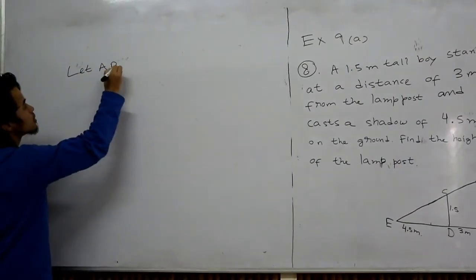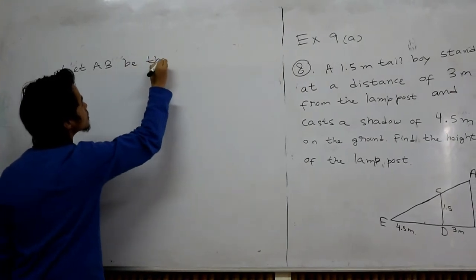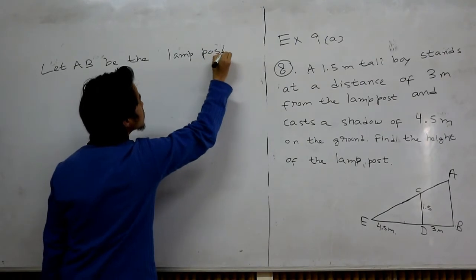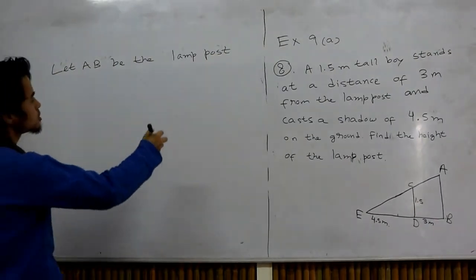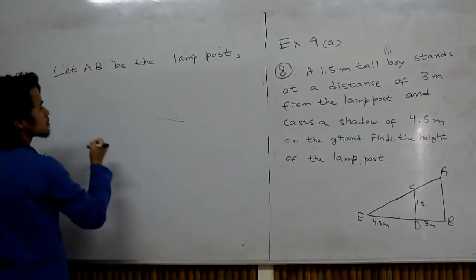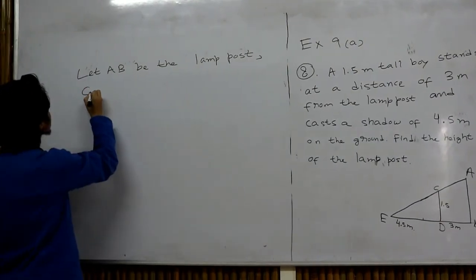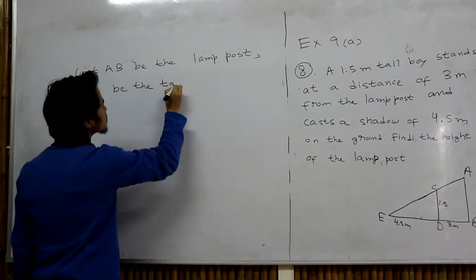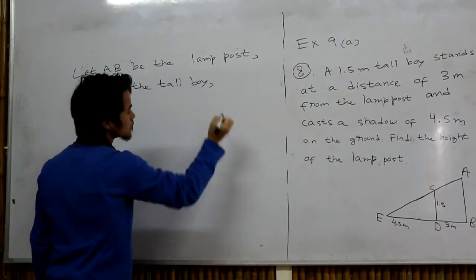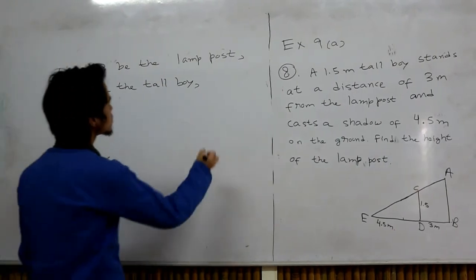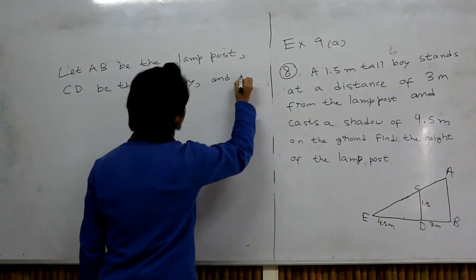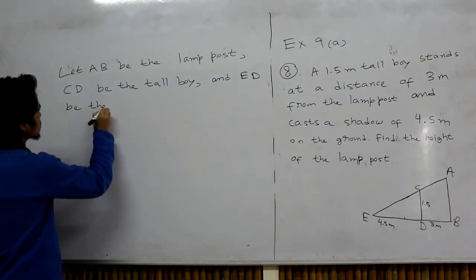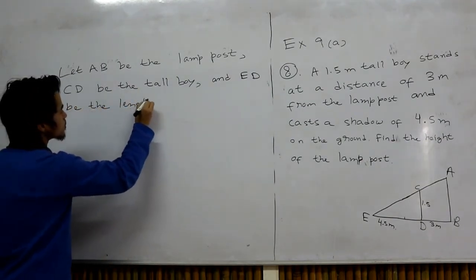Let AB be the lamp post, CD be the tall boy, and ED be the length of the shadow.